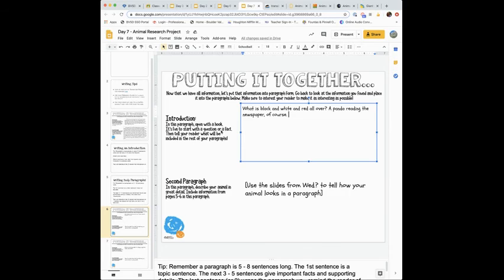Also, if I can find a surprising fact that most people don't know about my animal, that could be a really good way to hook my reader. I'm going to stick with my what's black and white and red all over, but you might want to try a surprising or interesting fact instead. Remember, you can get that from yesterday's work.